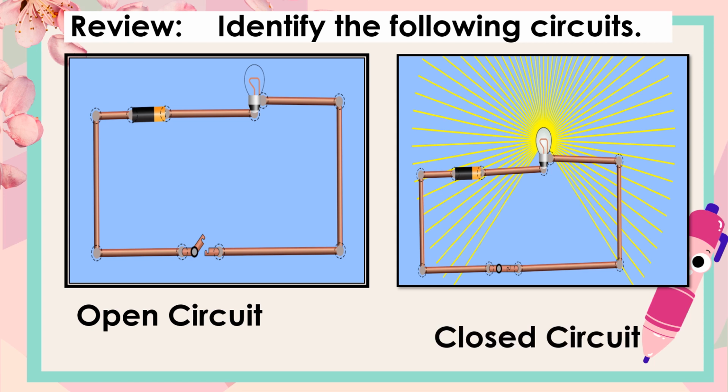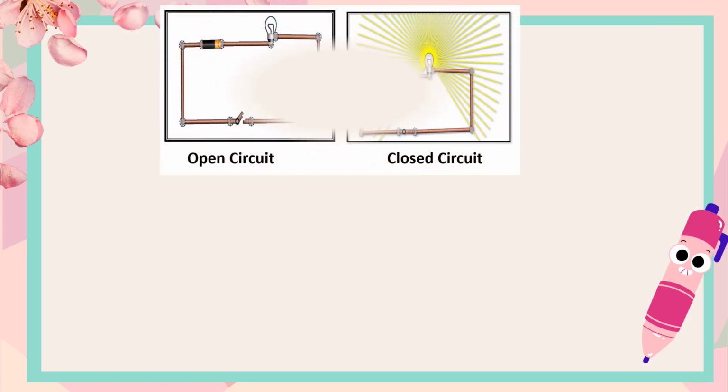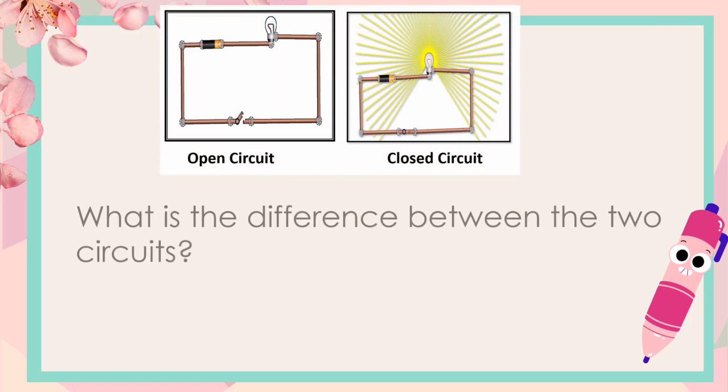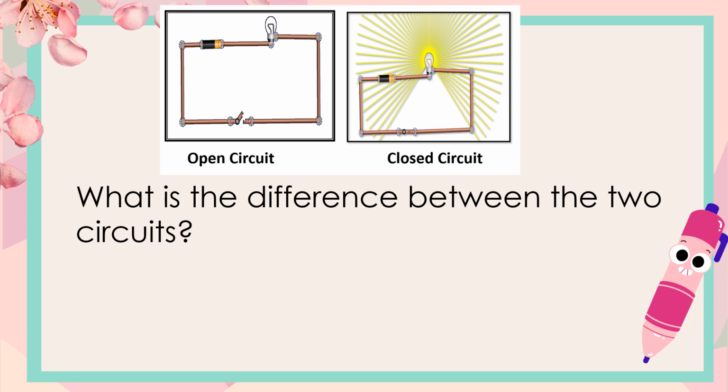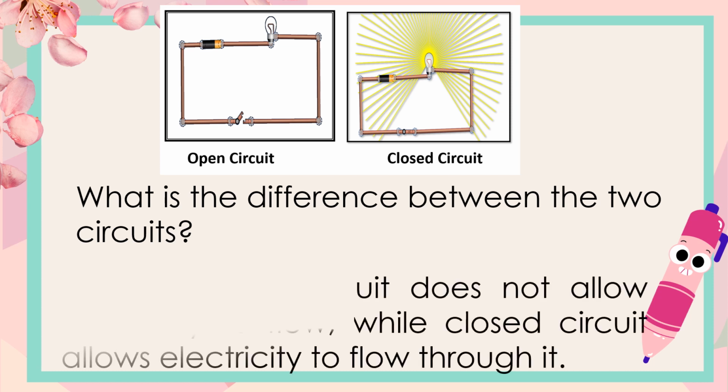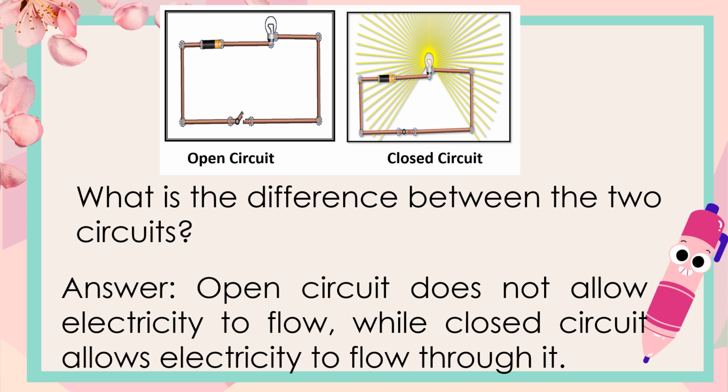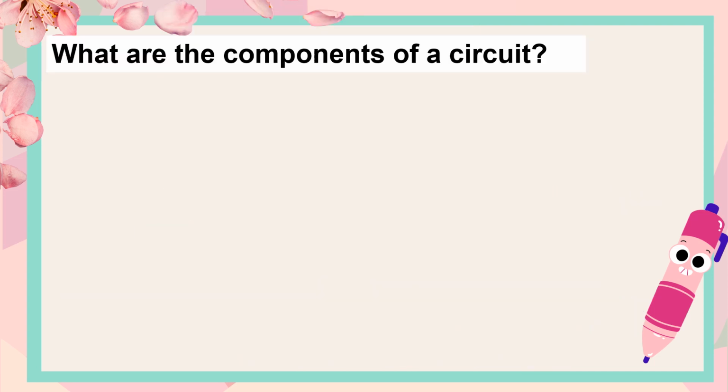Okay, that is a closed circuit. Very good. What do you think is the difference between the two circuits? Open circuits do not allow electricity to flow, while closed circuits allow electricity to flow through them.